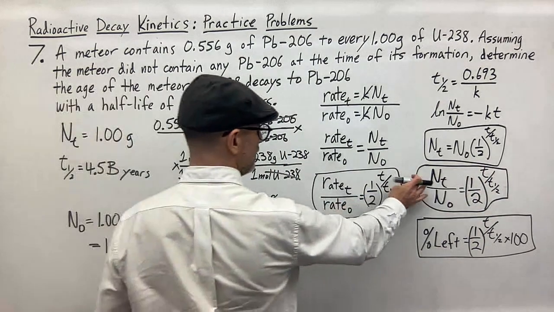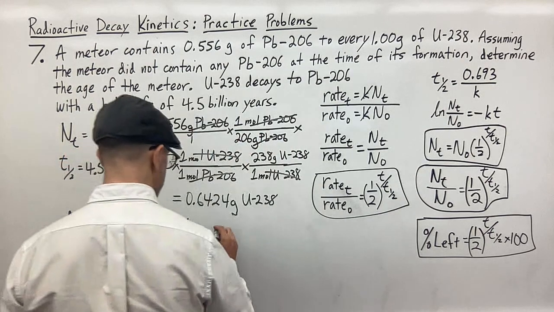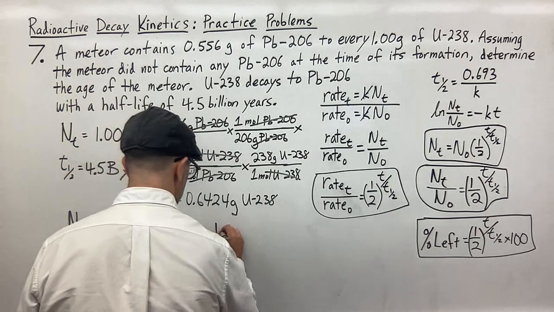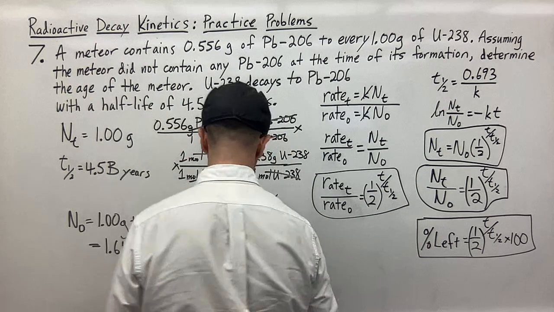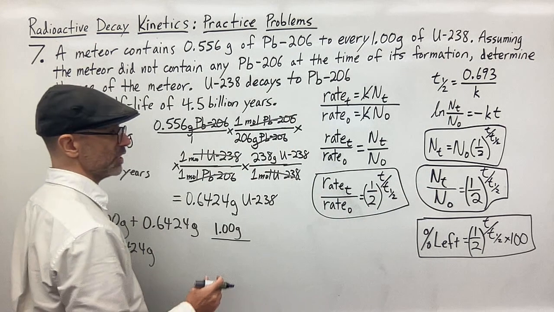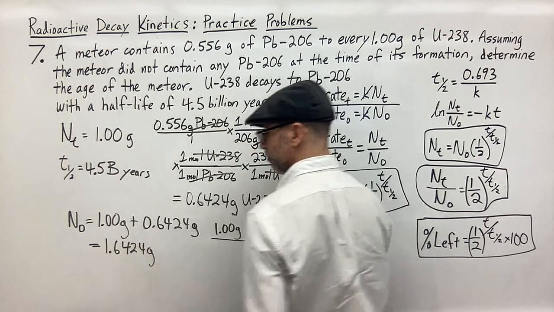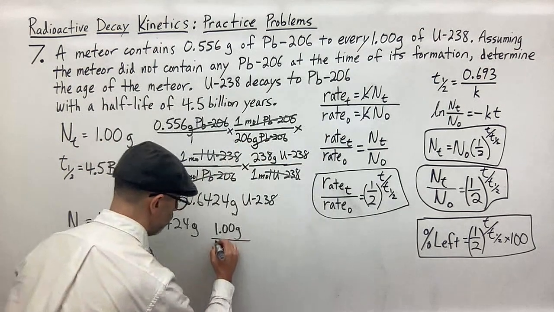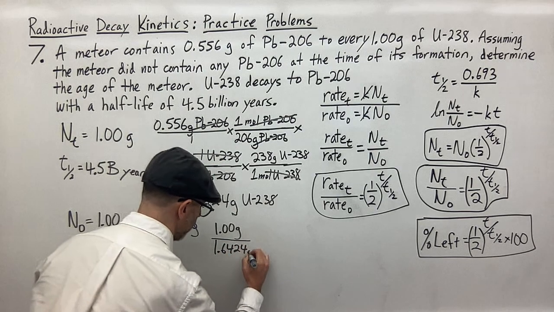So I have NT, which is 1.00 grams. And I have N naught, the initial amount, which is right here, 1.6424 grams.